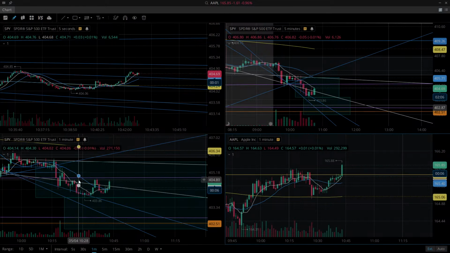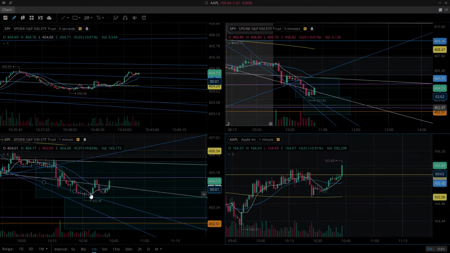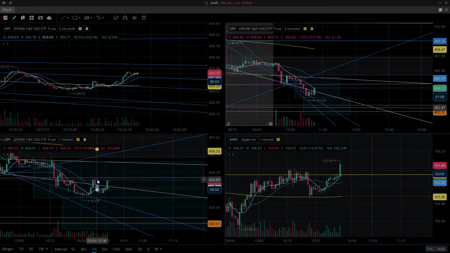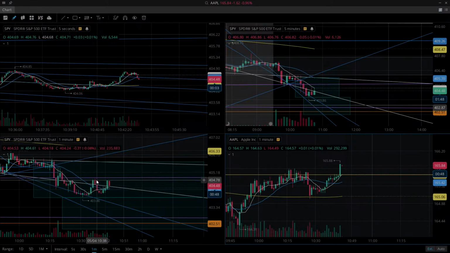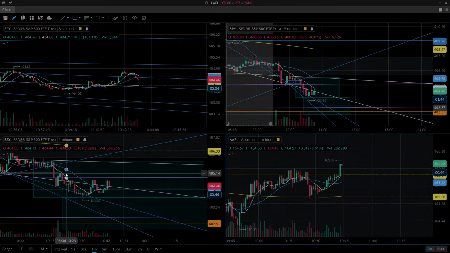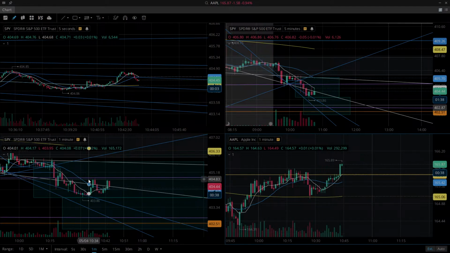Yep. So like any other double bottom, you've got L1, H1, L2, and H1 is also your R1. So it's a resistance. If you break resistance, you almost get a pop right to target one, usually. Target one would be the last control bar above resistance, which is in this trend here. So you're looking at a 405.15 target on a break of 404.80.